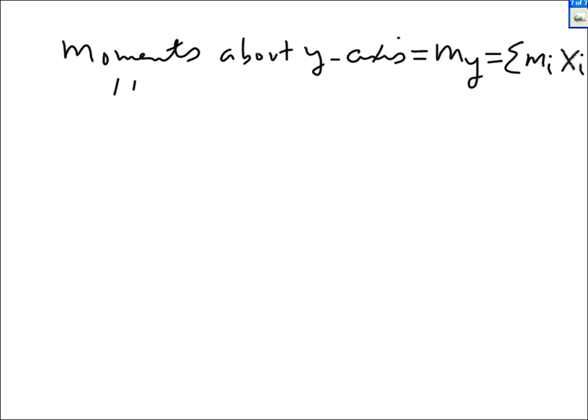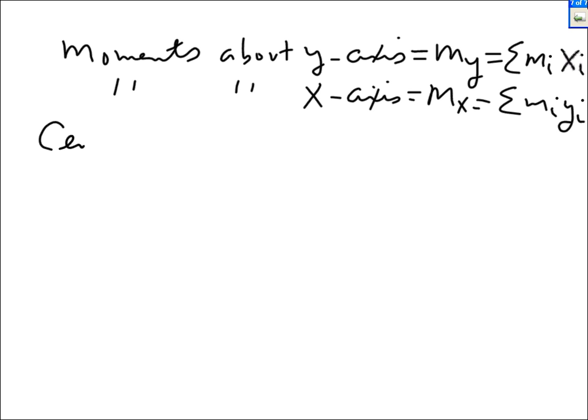And the moment about the x-axis, denoted m sub x, is just the summation of mi times yi. This is purely definition. Really nothing to understand.